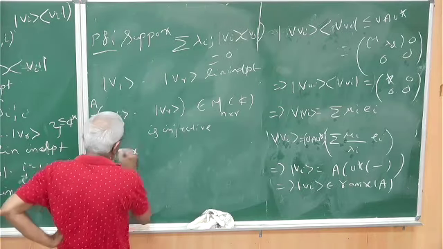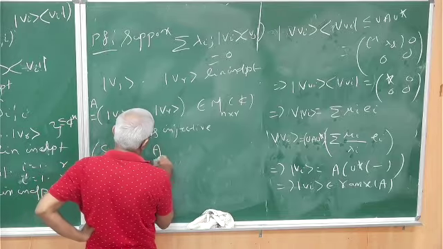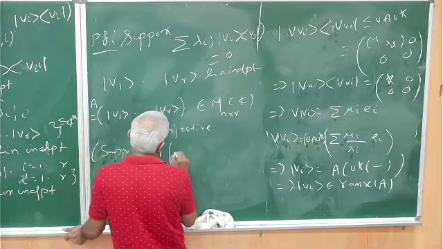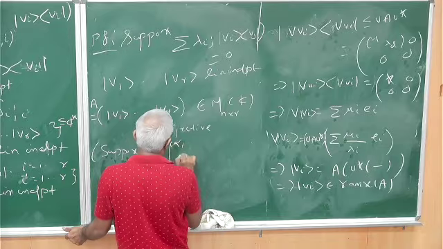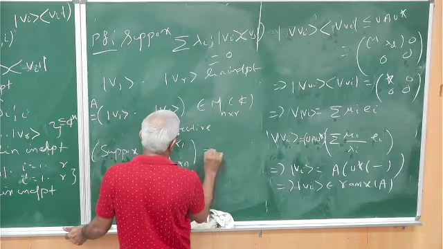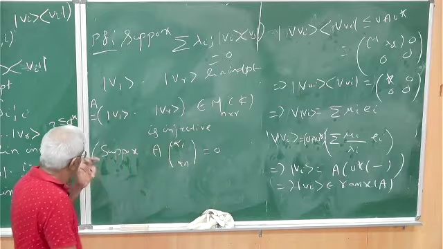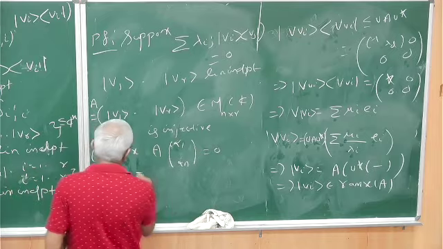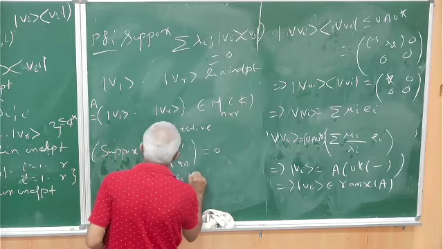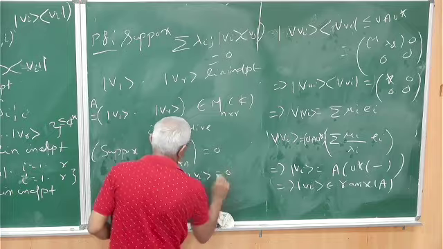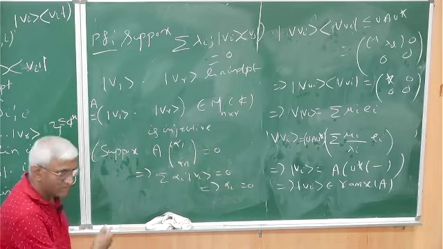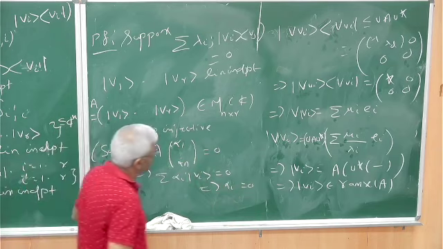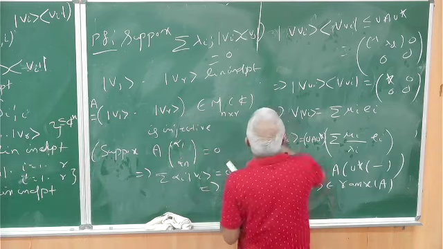Suppose A of alpha 1 up to alpha n equals 0. Then that is just the summation alpha I Vi equals 0. This implies alpha I equals 0. So it's injective. The kernel is 0.